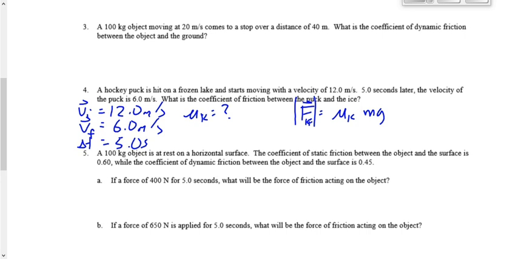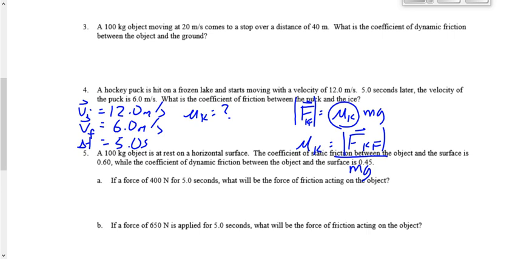Over the next few days there will be times when the normal force isn't m times g, but I'll point that out when that happens. For now, it's always m times g. We want to solve for mu, so mu is equal to the force of kinetic friction over m times g.